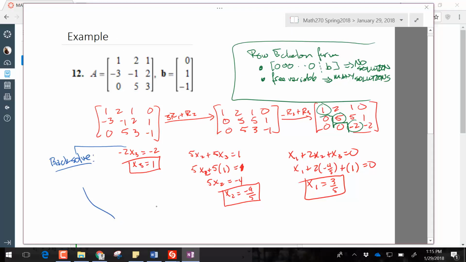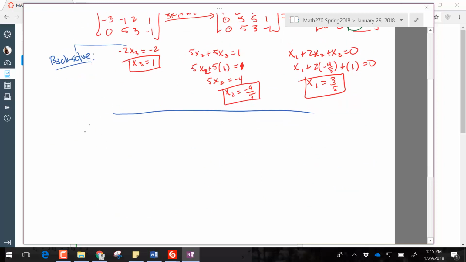Yes, the arrow doesn't belong there. And this is like an afterthought. By the way, the reduced row echelon form is going to look like this.